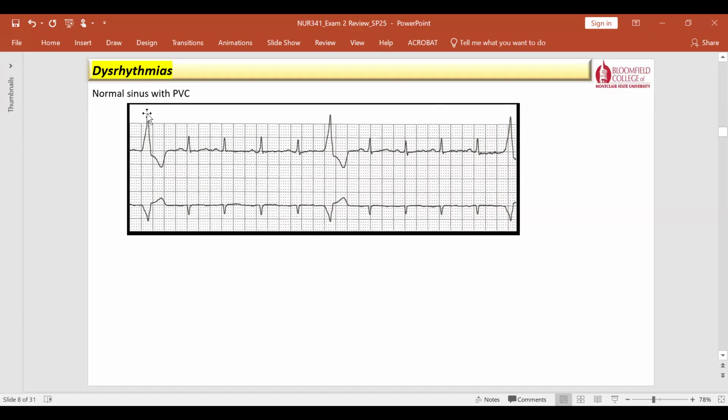But you can easily tell here this is a PVC, and since all these PVCs are the same, they look like they are all coming from the same ectopic foci. They are unifocal PVCs. So the answer to this will be sinus rhythm with unifocal PVCs.